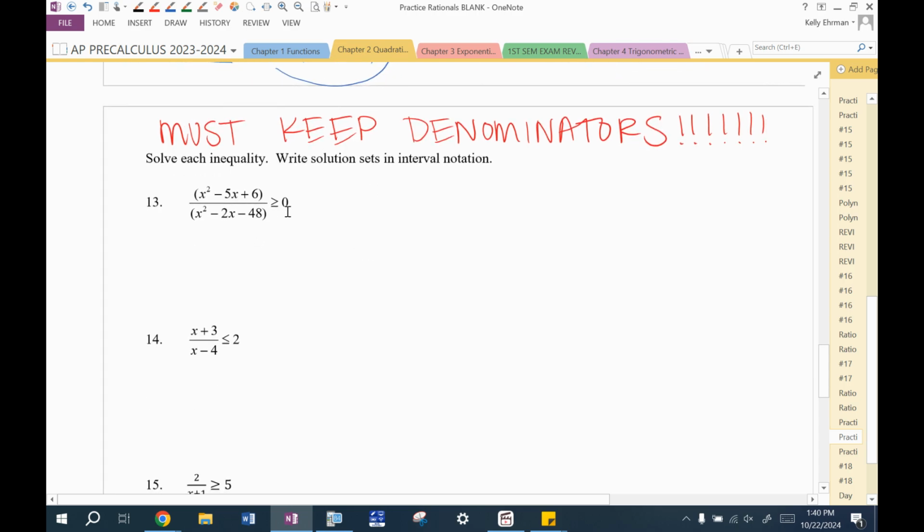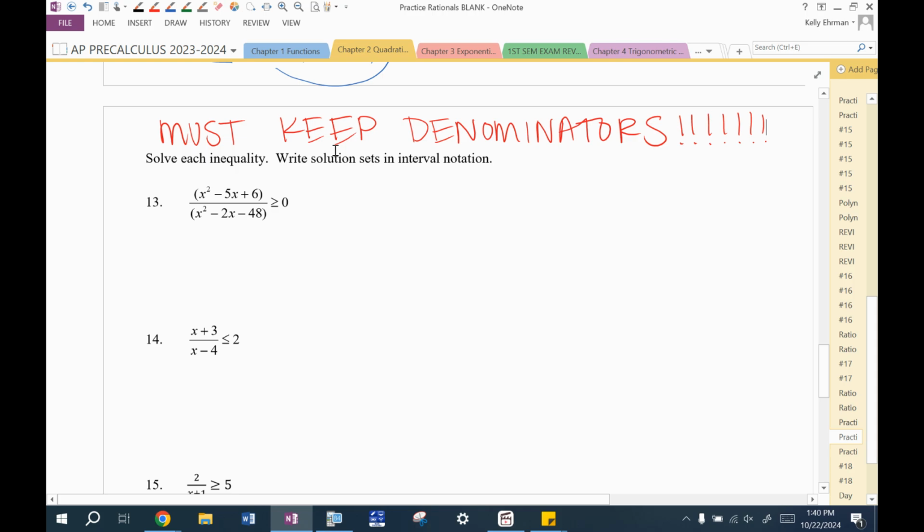But with inequalities, remember, we're looking for where is this expression positive and where is it negative. And although clearing out the fractions can find part of the solution set, it does not find the whole thing, because this fraction can be greater than 0. It can be positive if the top is negative and the bottom is negative, because then they divide out to a positive, right? So you need to keep the fraction together.